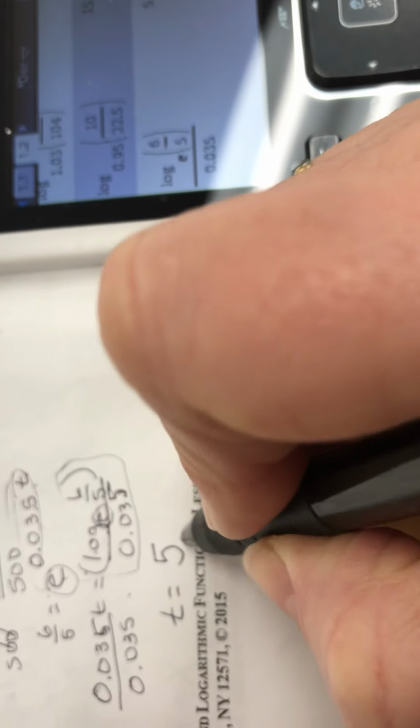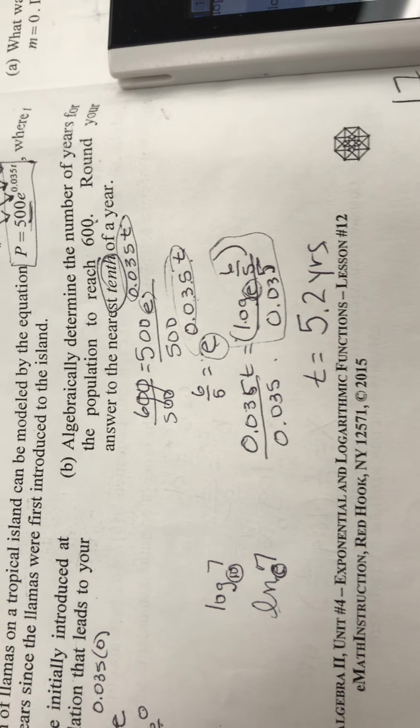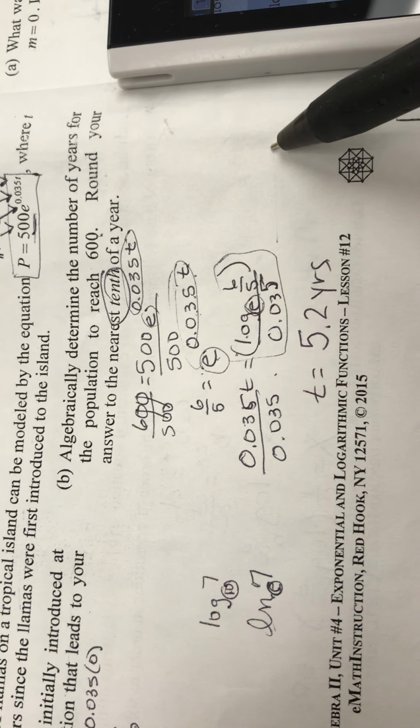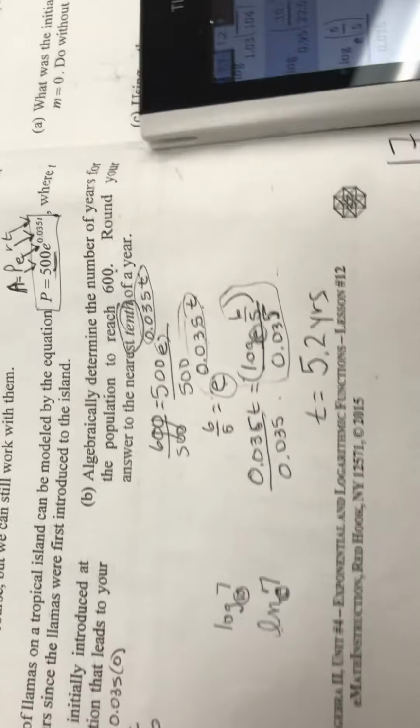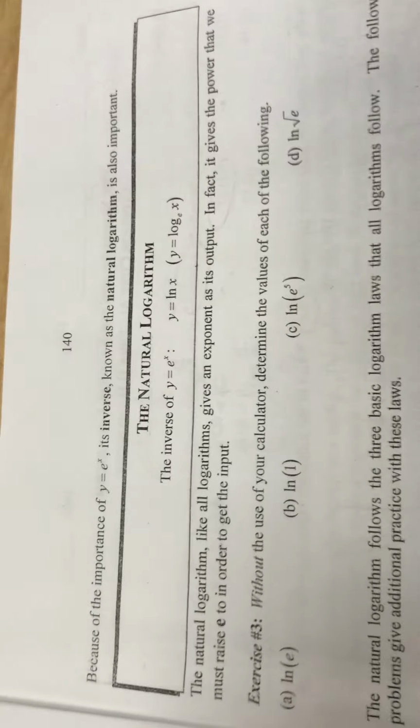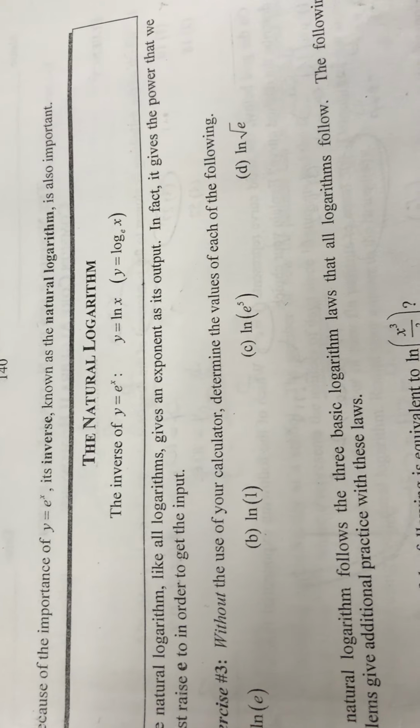So I get 5.209, and it asked me to round to the nearest tenth of a year, so 5.2 years. Okay? Now again, on a regents, show the long decimal that you got in the calculator just in case you make any rounding error. Okay, so next page.